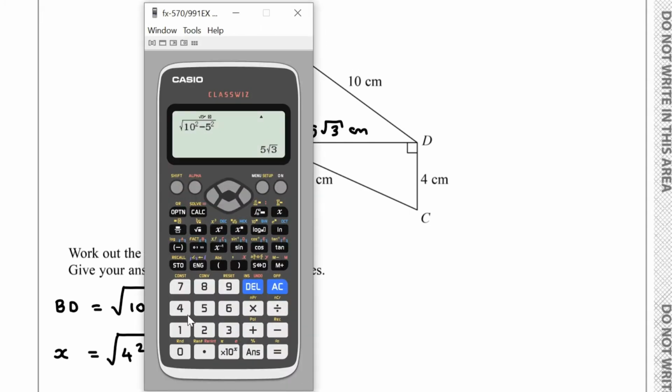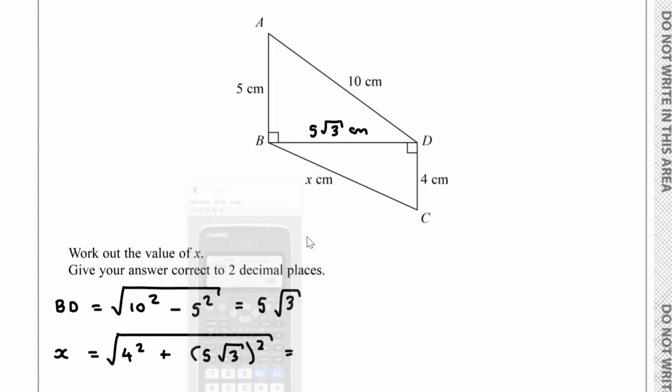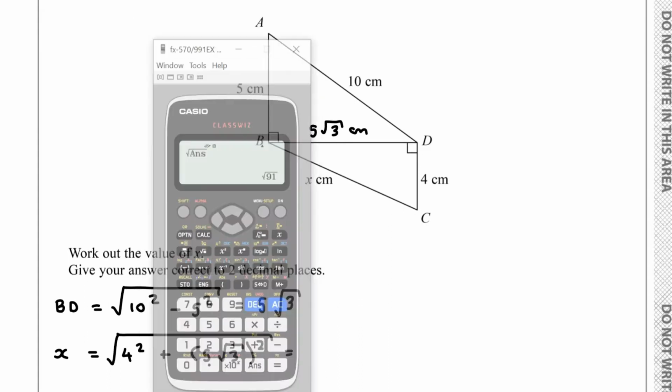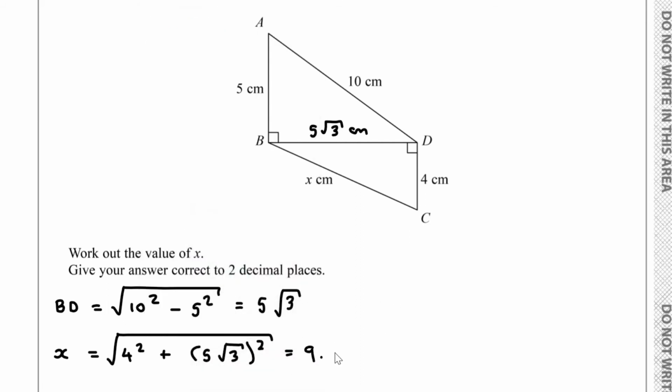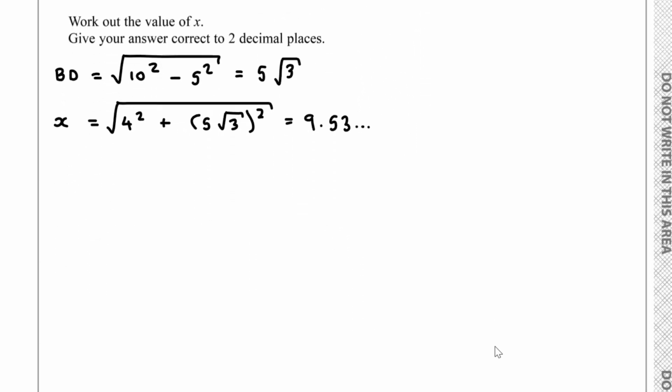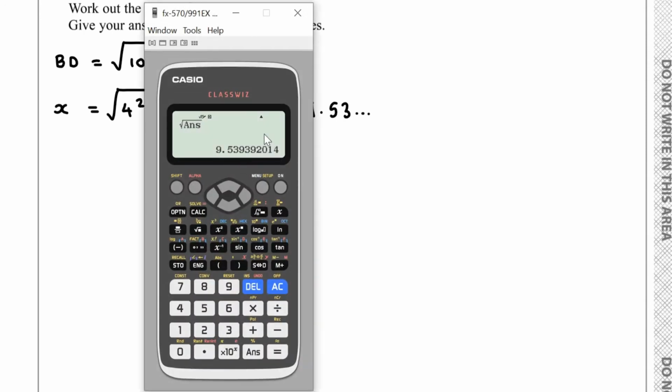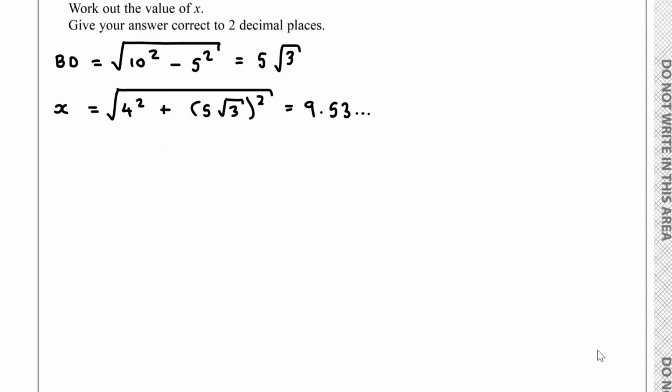If we square this, add 4 squared, and then square root this, it turns out we get root 91. As a decimal, we get 9.53, etc. So to 2 decimal places, we round this and get 9.54. So we have x being 9.54, correct to 2 decimal places.